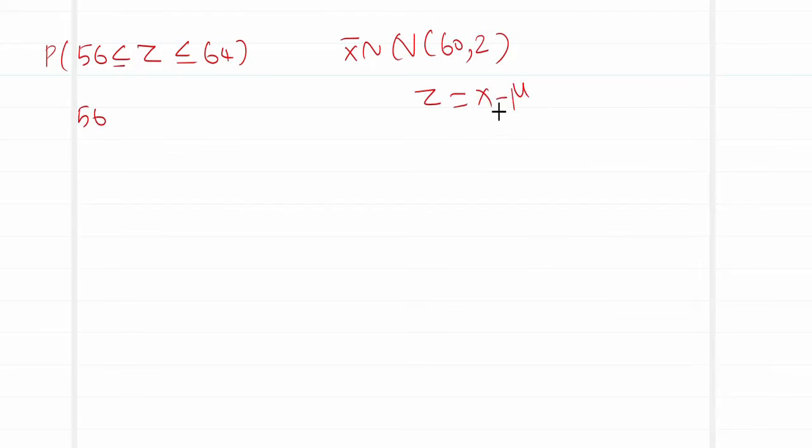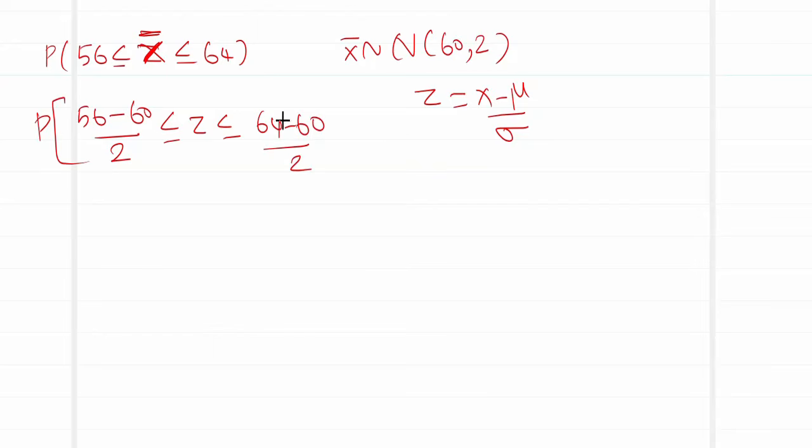X minus mu divided by sigma. Now 56 minus mu. What is mu? 60 divided by 2. Less than or equal to z. Less than or equal to, this is going to be our x bar. I'll have to convert it into z. So 64 will now become 64 minus 60 divided by 2. So this is the probability I need to estimate over here.